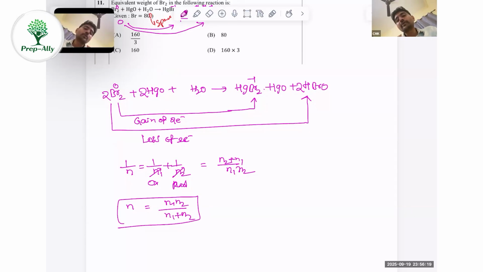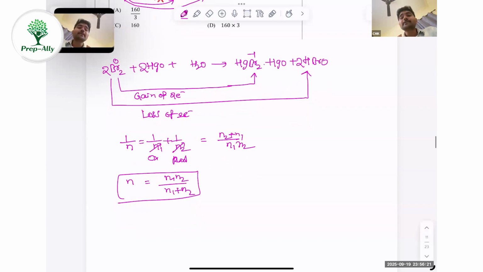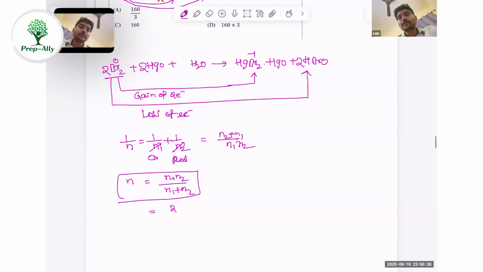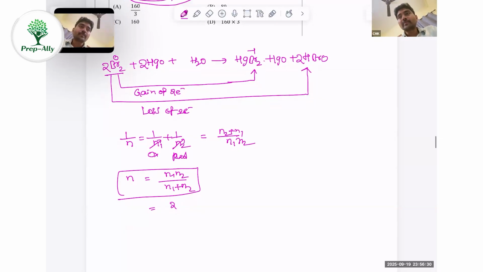This is the overall n factor for a disproportionation reaction. So what we got is a gain of 2 electrons and a loss of 2 electrons. So you can write the n factor as 2 into 2 by 2 plus 2, means 4 by 4, that is 1.